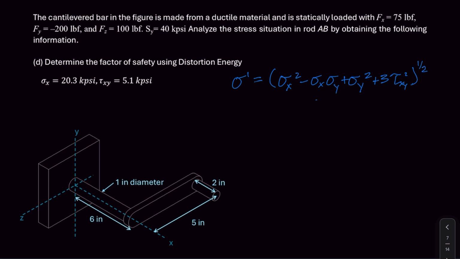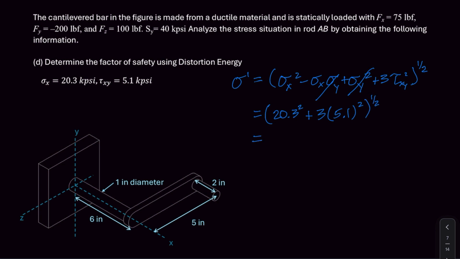Now we don't have a sigma y, so those terms will go away. We would be left with 20.3 squared plus 3 times 5.1 squared, all to the 1/2 power.